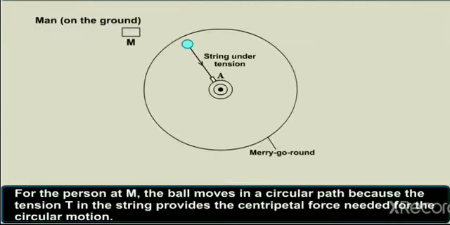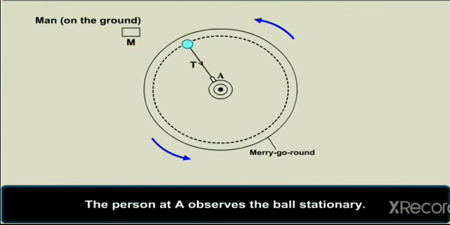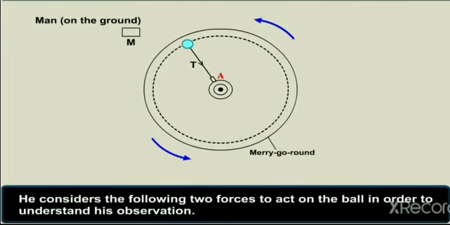Explanation. For the person at M, the ball moves in a circular path because the tension T in the string provides the centripetal force needed for the circular motion. The person at A observes the ball stationary. He considers the following two forces to act on the ball in order to understand his observation.